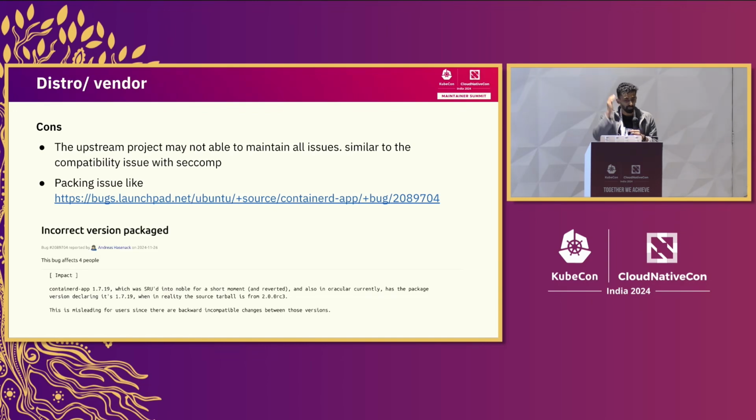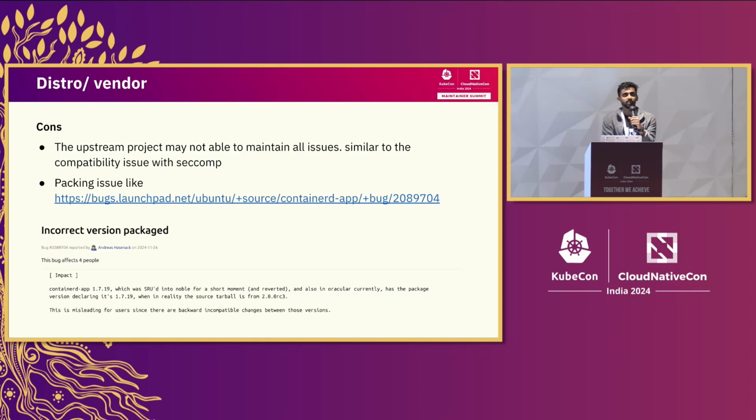This was another recent issue in the Ubuntu mailing list. The Ubuntu package that they maintain, they released a containerd 1.7.19 version, but accidentally their packaging setup picked up the 2.0 RC3 version, and it was publicly available for some time before they could roll it back. So it created breakages in many systems.